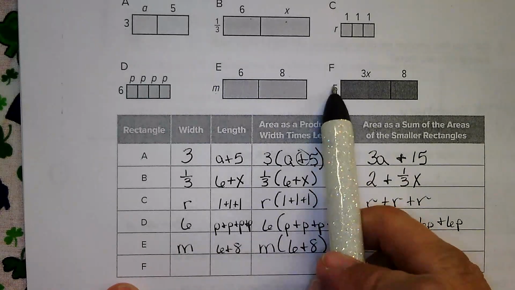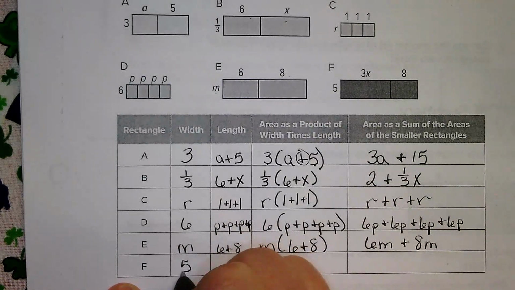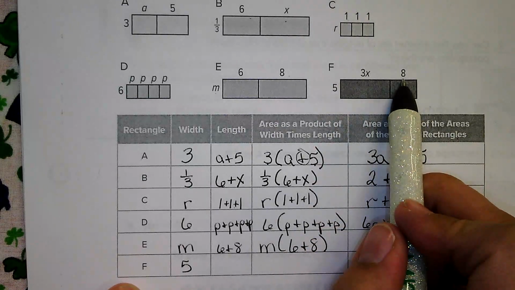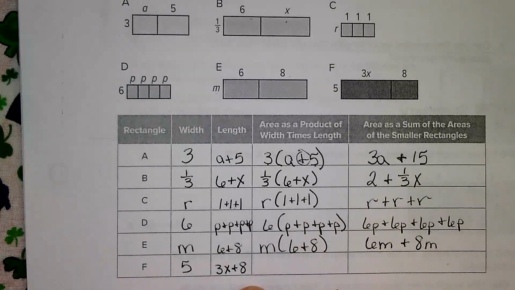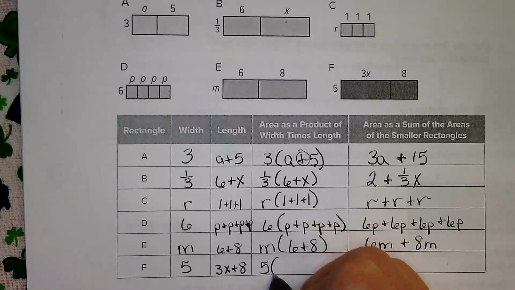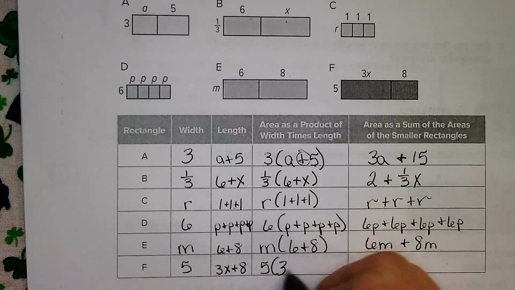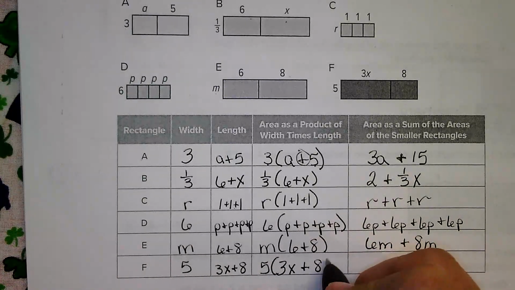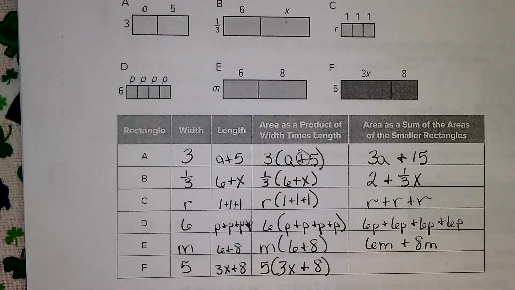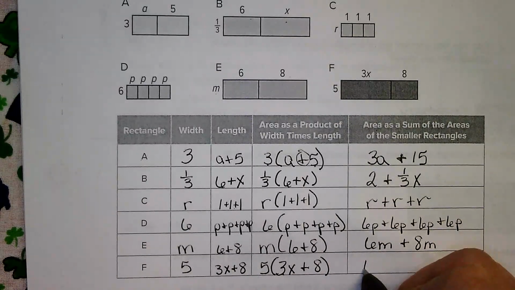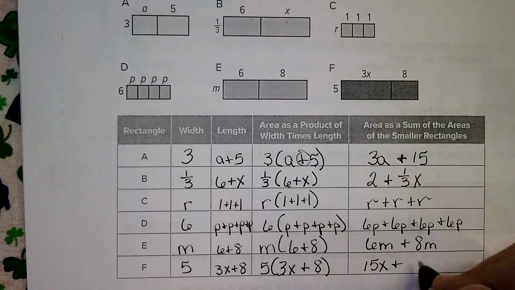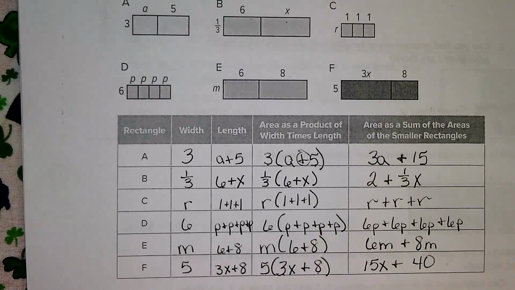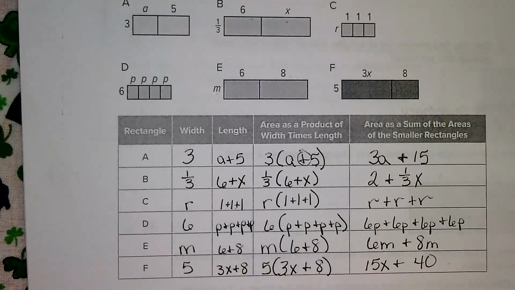Right, and then F, I have 5 for the width, 3x plus 8. I put my 5 on the outside. I have 3x plus 8 on the inside. 5 times 3x gives me 15x plus 5 times 8, 40. Good job.